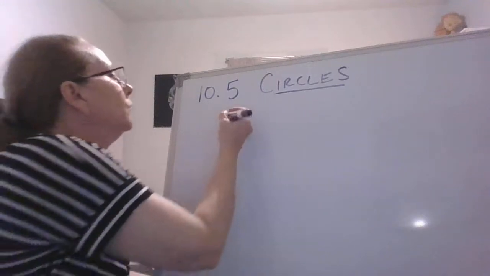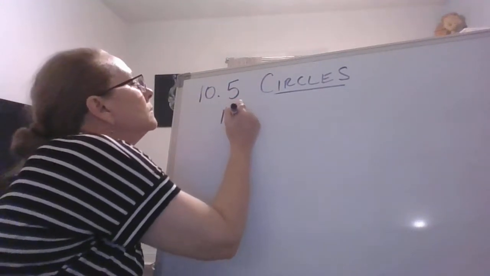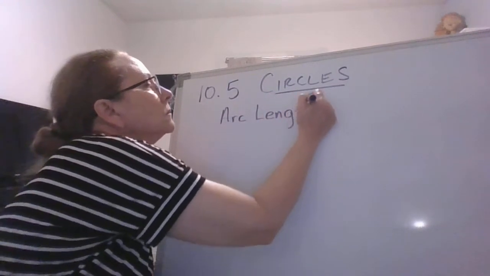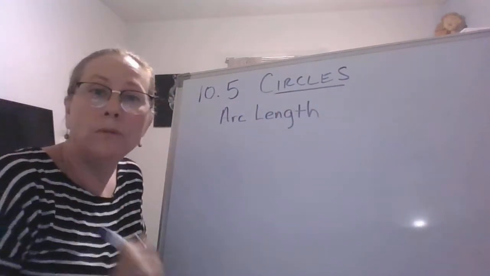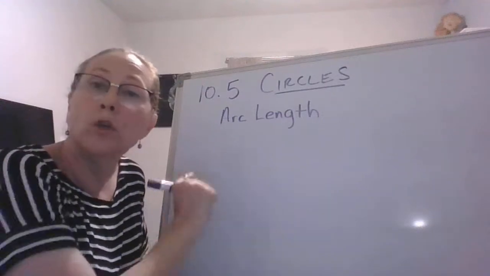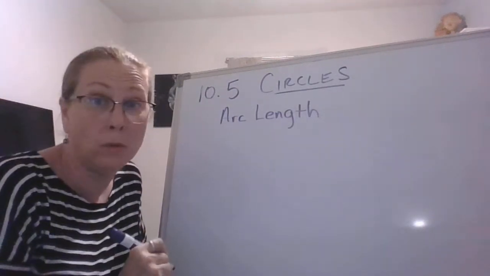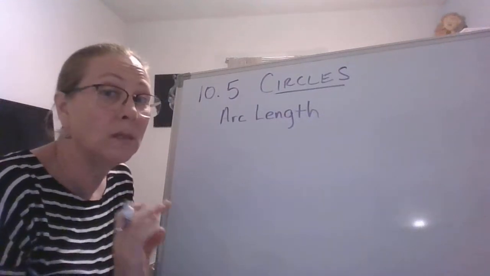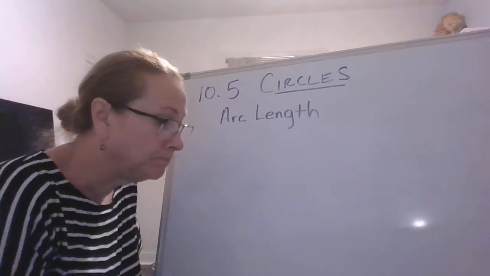All right, arc length formula. Now, don't confuse arc length with degree measure. You're going to be using degree measure to help solve arc length. So I'll show you really specifically what each one is.